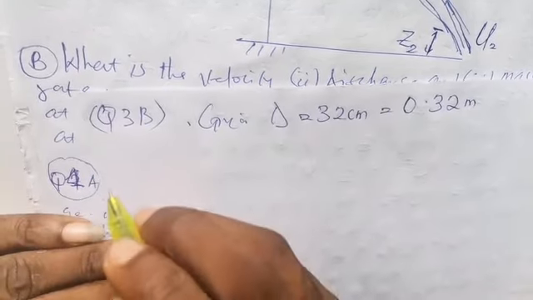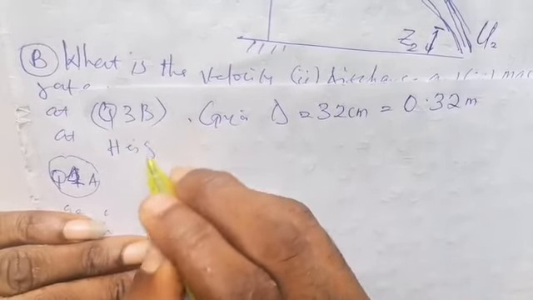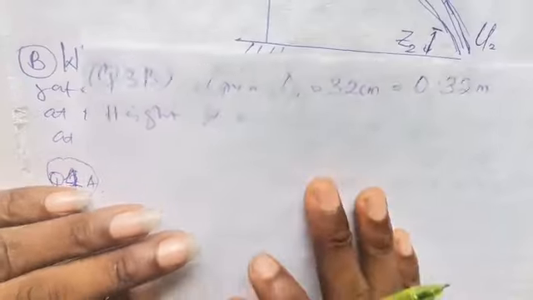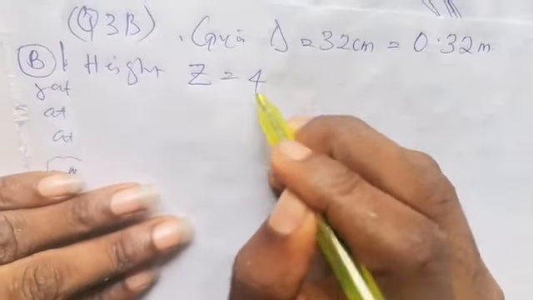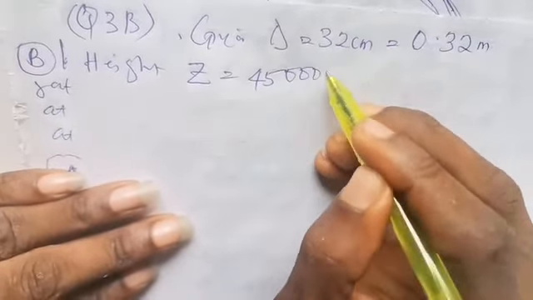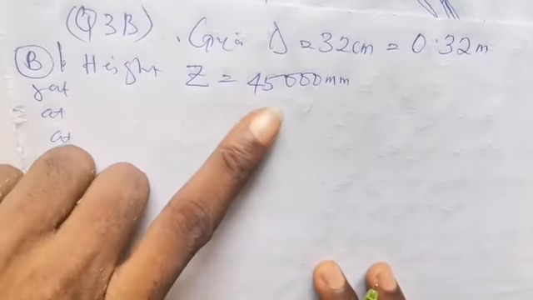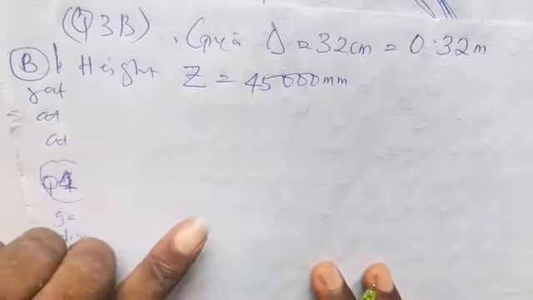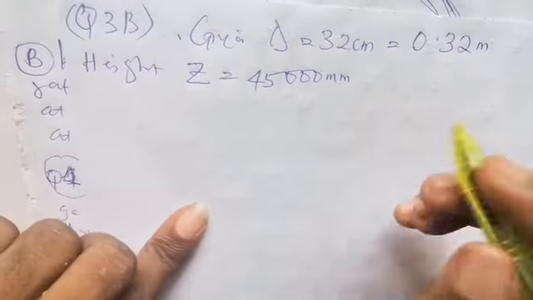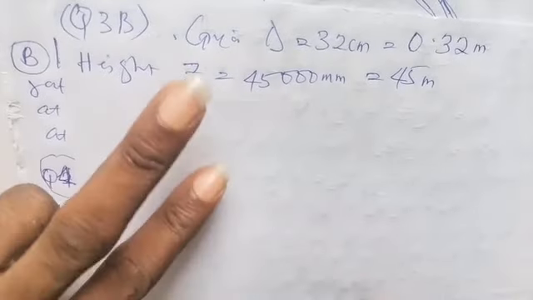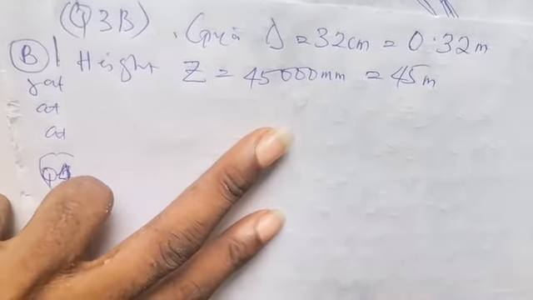All right, so this height is indicated as Z and is equal to 45,000 millimeters. So of course you have to convert this to meters by dividing through by 1000, and if you do that, 45,000 divided by 1000 will give us 45 in meters. So it means that the height of the reservoir is 45 in meters.